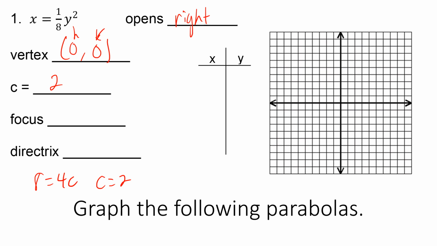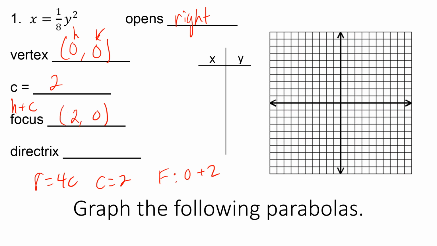So it's going to have the same y value, but our x value is going to change. That's because our focus is h plus c, because it's horizontal. So our focus is 0 plus 2, which is just 2. So 2 comma 0 is going to be our focus.